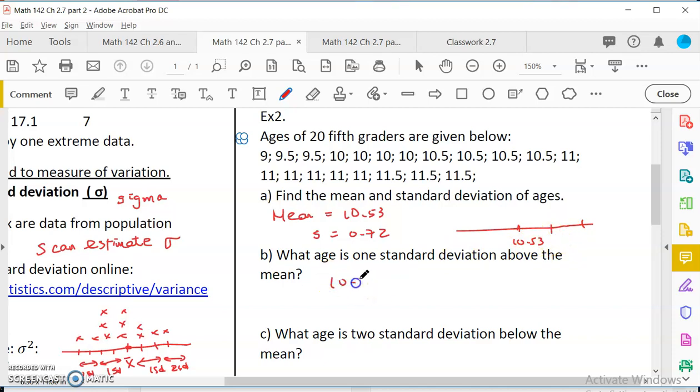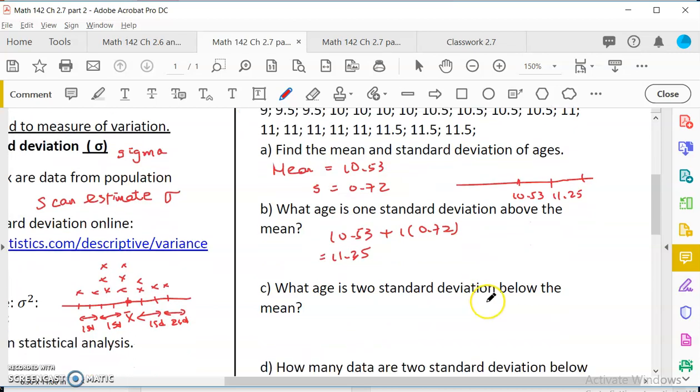So it would be 10.53 plus 1 times 0.72, right? In a scientific calculator, 10.53 plus 0.72 is 11.25. So someone's age is 11.25. That is 1 standard deviation up from it. What age is 2 standard deviations below the mean?